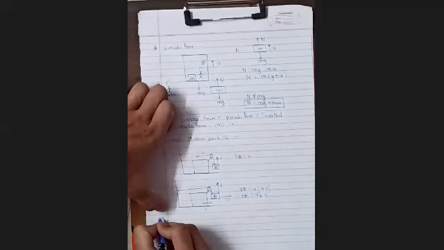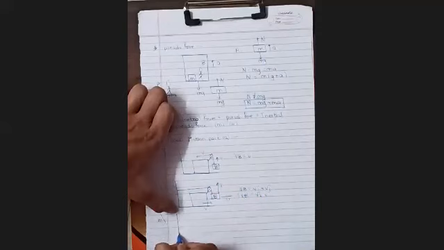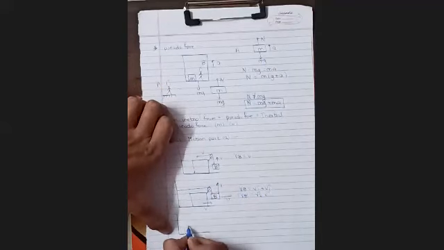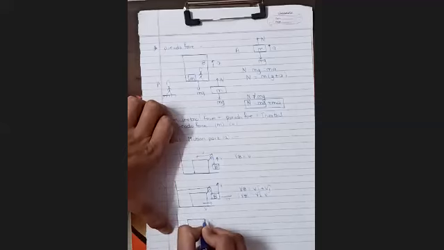Third condition: here the big block is moving with velocity v, and the string is also pulled with velocity v.